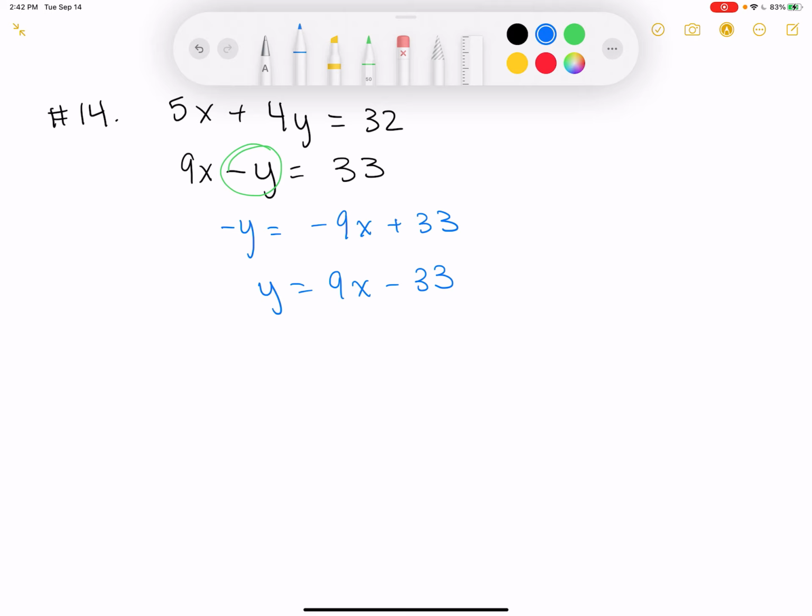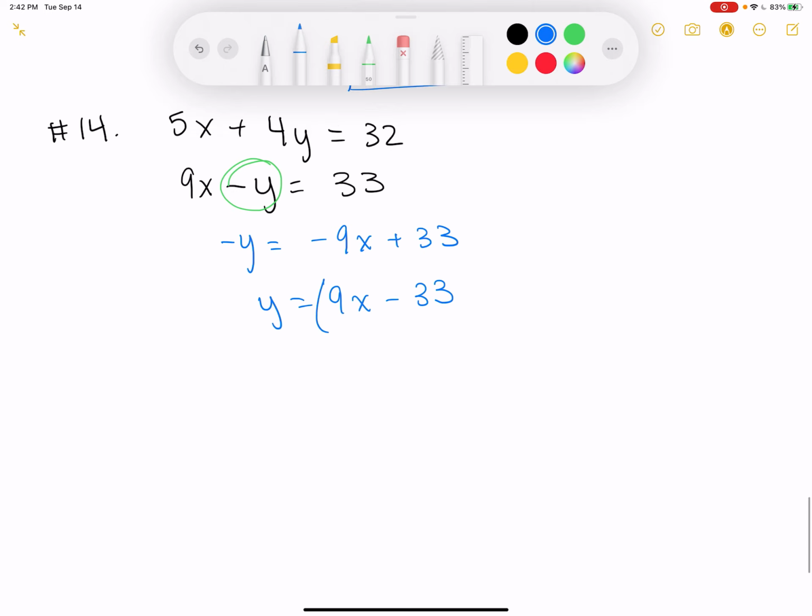So I need to subtract the 9x over, and so I get negative y is equal to negative 9x plus 33. Now, because there's a negative here, I've got to get rid of it. So I divide both of these things over here by the negative. So y is equal to 9x minus 33. Okay, so this is going in here. Do we see where we get this from? Make sense?